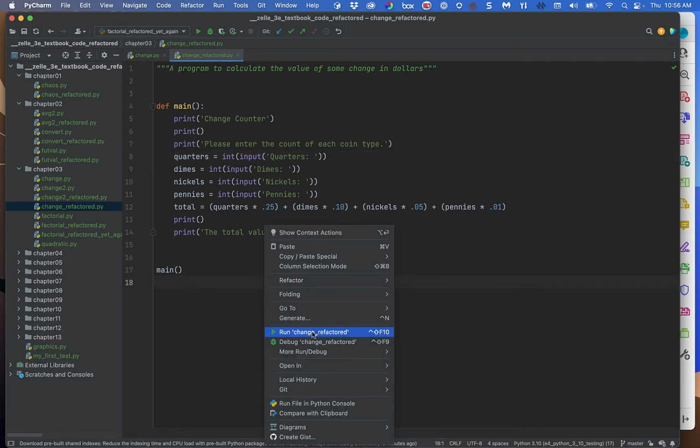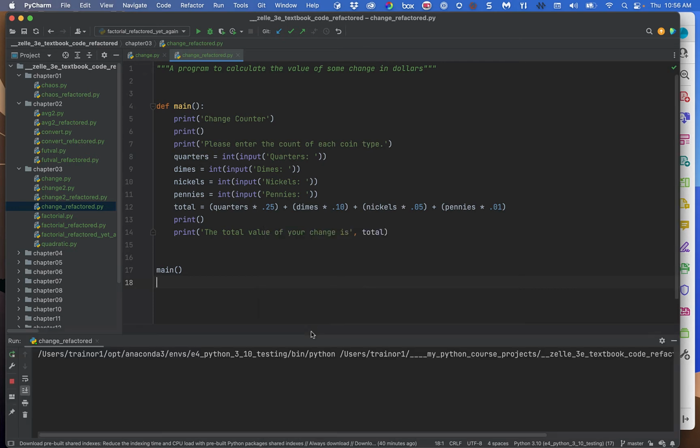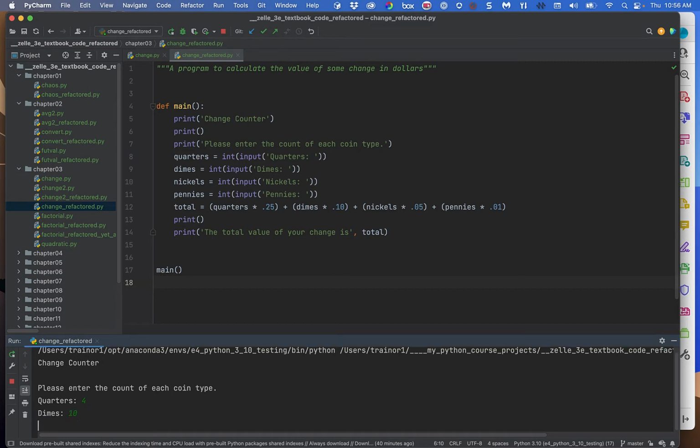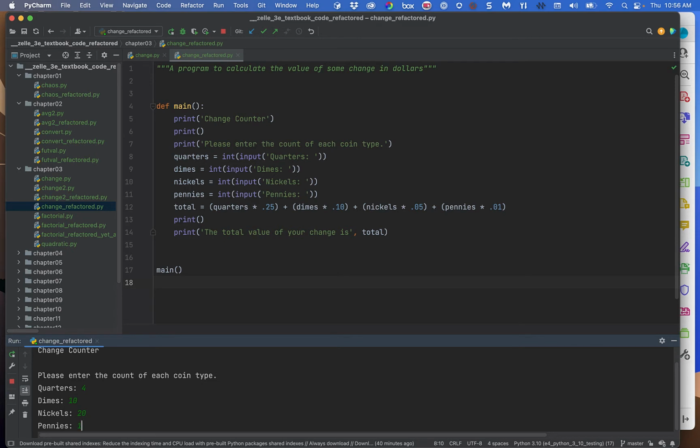So here, if we run this refactored, it asks for each of the coin types. So I'm going to say we've got 4 quarters, that'll give us $1, 10 dimes, that'll give us $1, 20 nickels will give us $1, and 100 pennies will give us $1. And the total value of our change is 4.0.